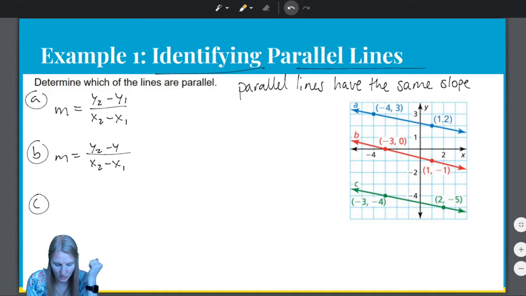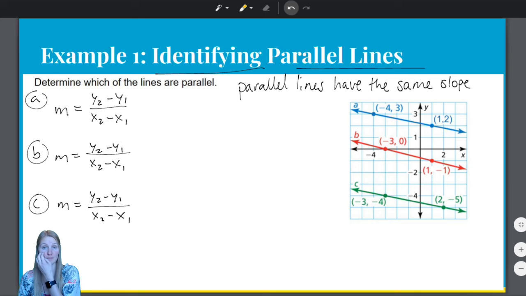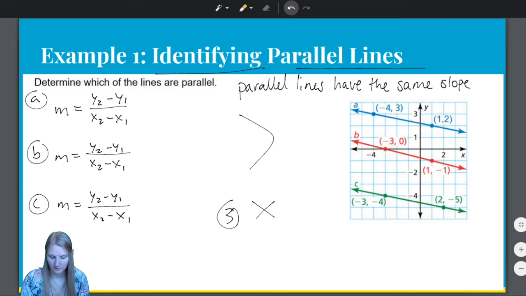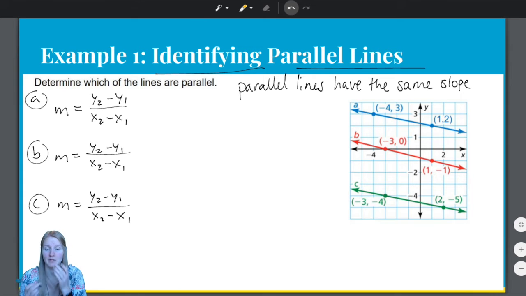We need to do this for every single line: the red one, the green one, and the blue one. And then we can see, oh, this has a slope of 2, this has a slope of 2. Oh, they're parallel. This has a slope of 3. Oh, they're not parallel. Whatever the slopes turn out to be.